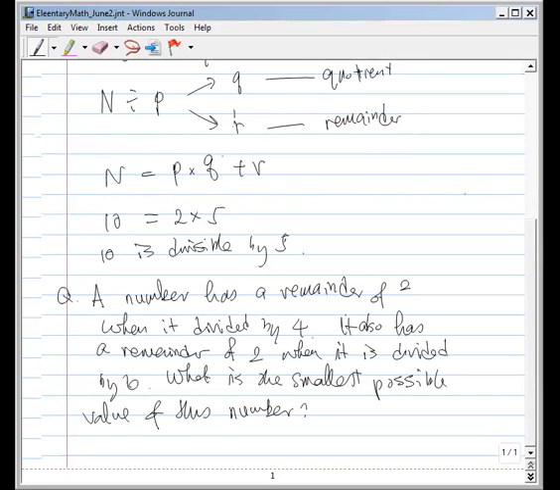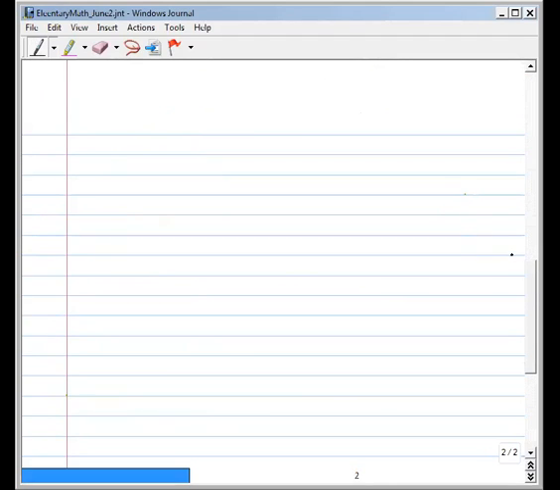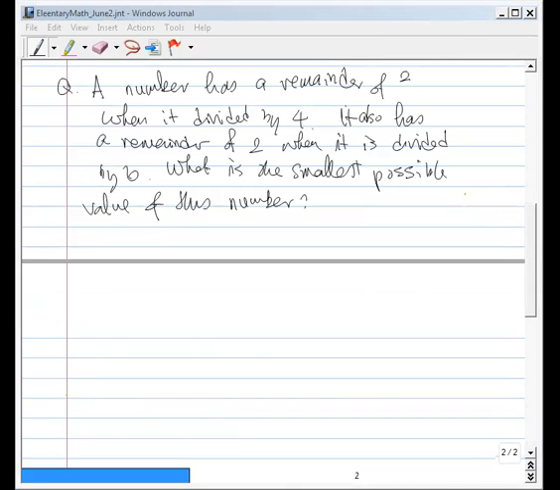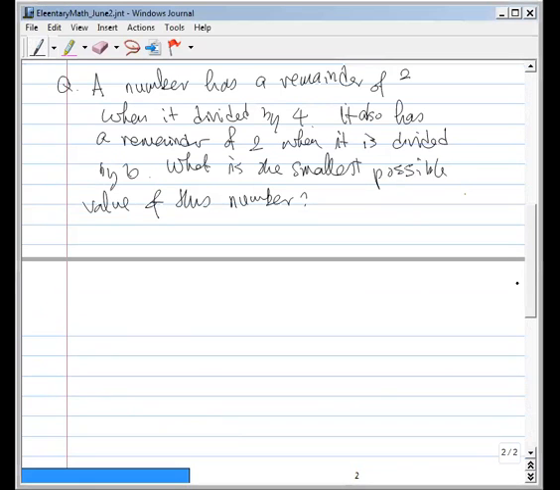Now, how do you solve this problem? First of all, you see they have the same remainder.